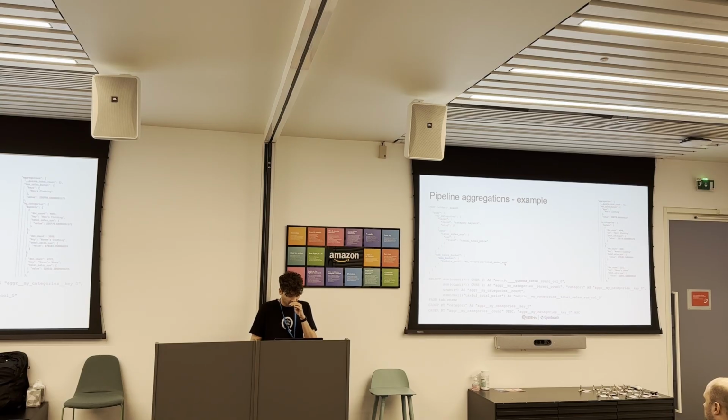Now, this syntax can also get a little more complex, and there are lots of possibilities you can do with it. Pipeline aggregations are a subject on their own, and I highly encourage you to look more at it, because it would take twice the time of this presentation to really get deep into it.